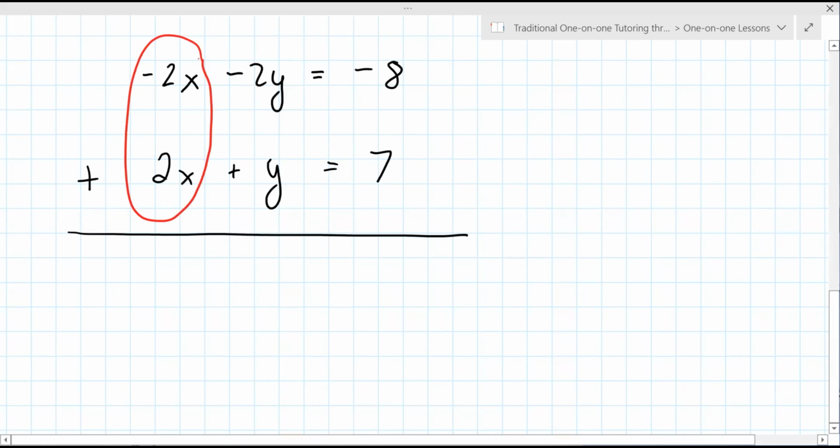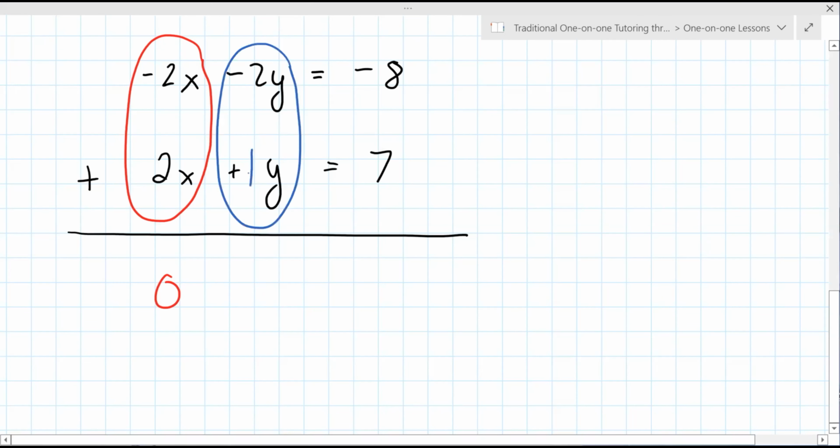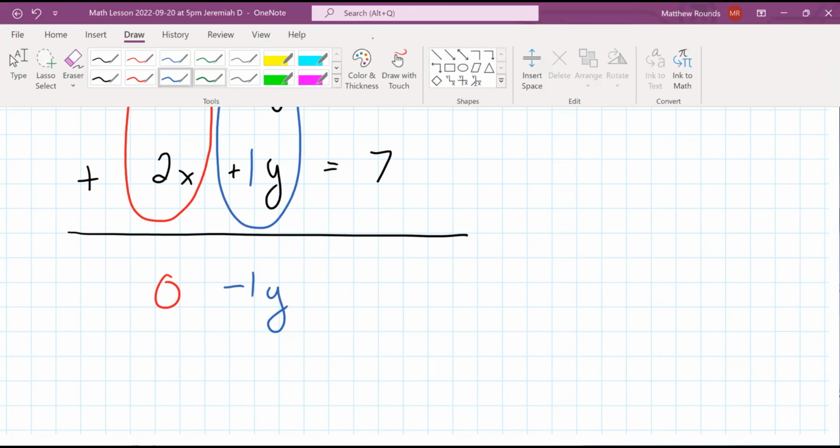Minus 2x plus 2x, 0. But the next one here, minus 2y plus 1y. You can even put a 1 in front. Negative 1y, good. And then the last one there, negative 8 plus 7.